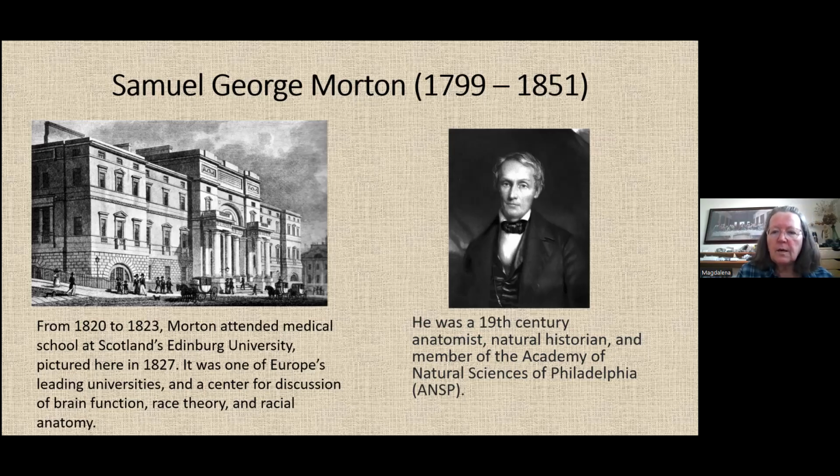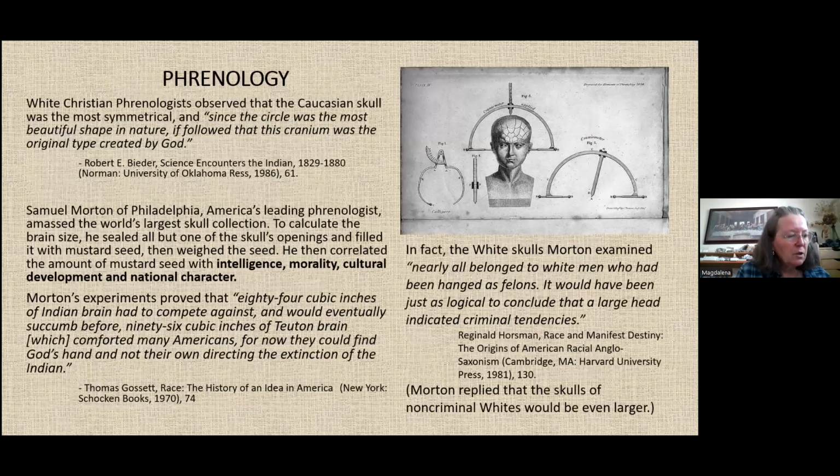And he was an anatomist, natural historian, and member of the Academy of Natural Sciences of Philadelphia. And he came to the United States. So, okay, he was one of America's leading phrenologists.